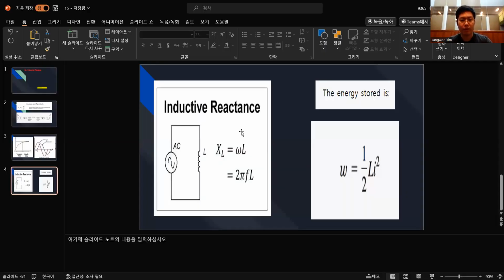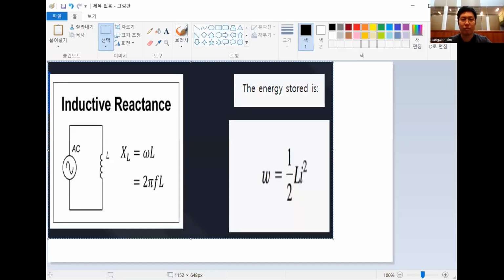This part I will also explain to you guys. In our RL circuit, we talk about inductive reactance, right?